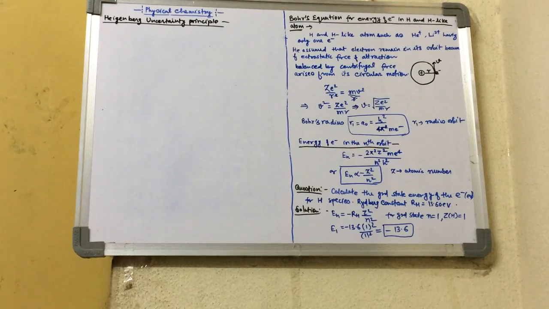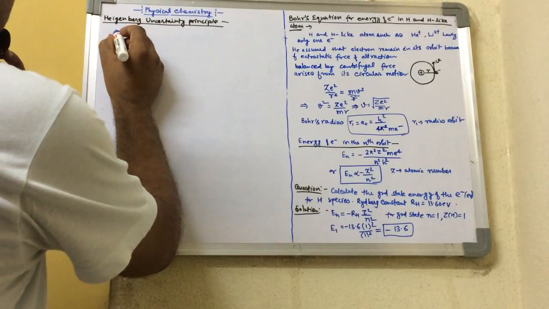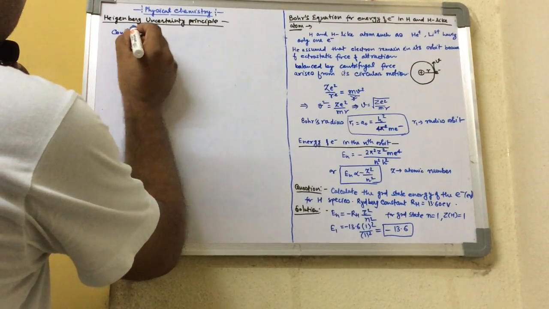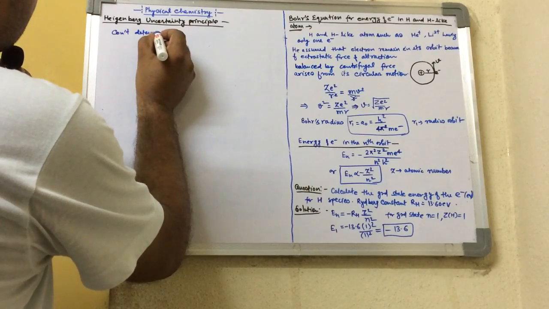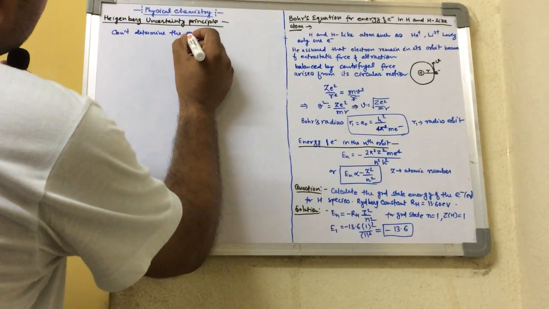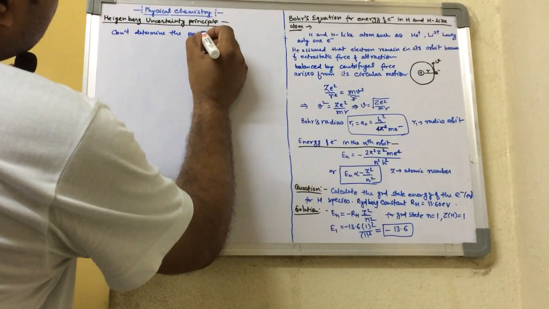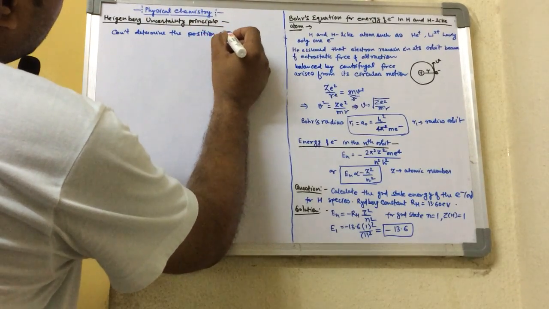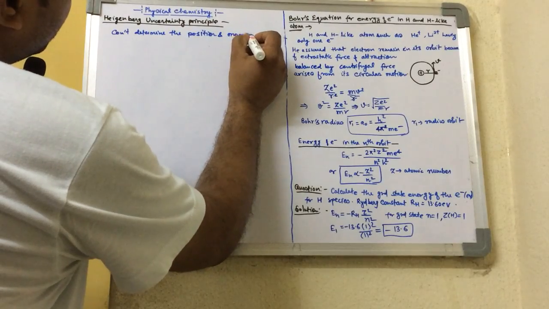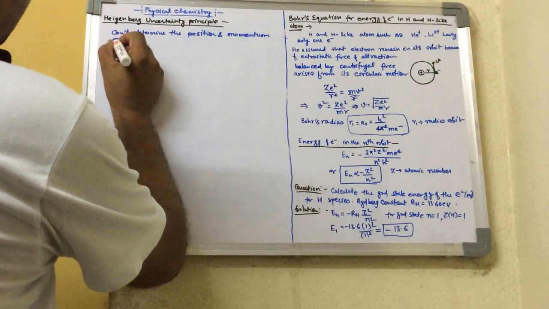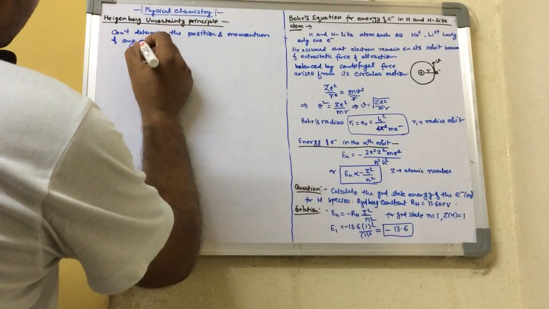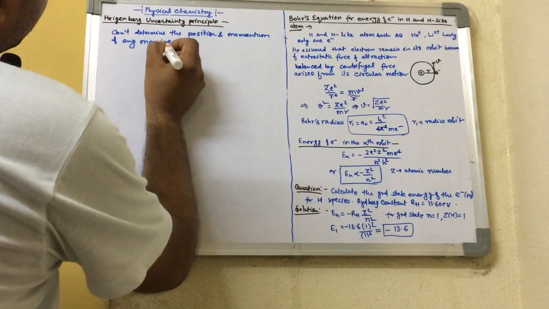So Heisenberg uncertainty, as we know, says we can't determine simultaneously the exact position and momentum of any moving minute particle.